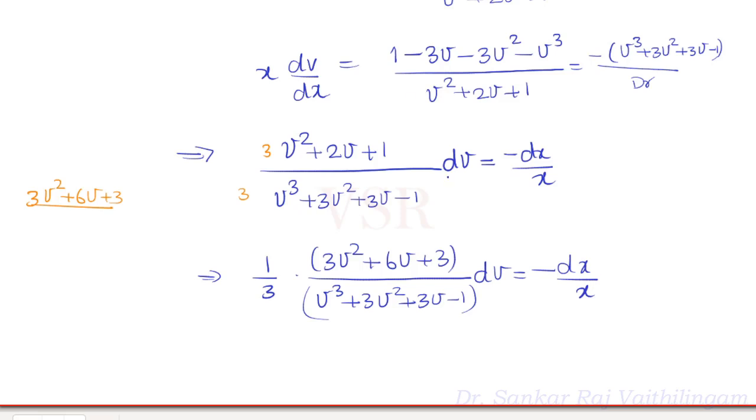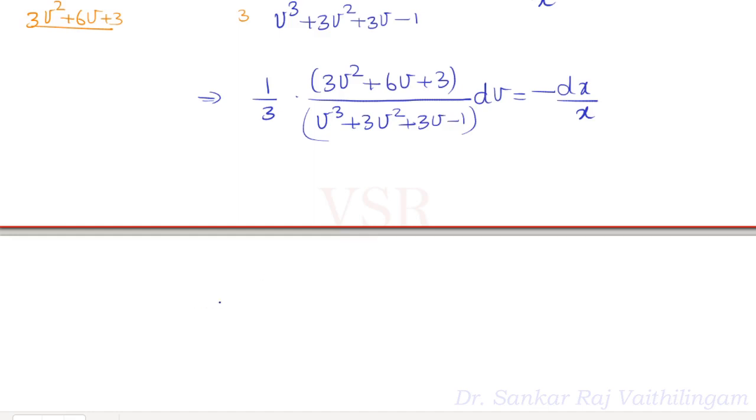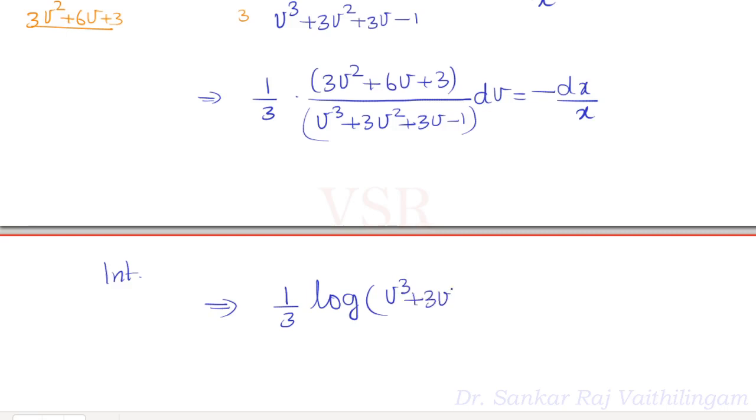Okay, now both of these are logs. So log, integrating, we will have 1 by 3 times log of v cube plus 3v square plus 3v minus 1, which is equal to, let me take that to this side, minus log x.